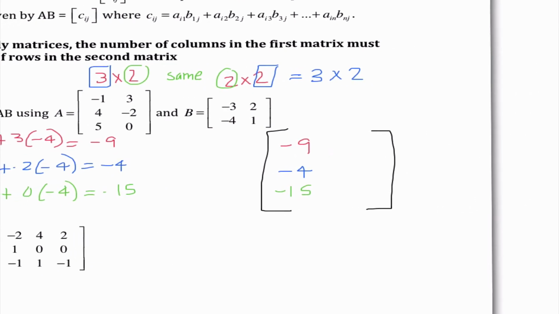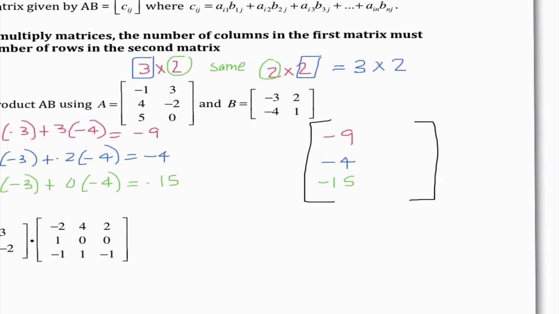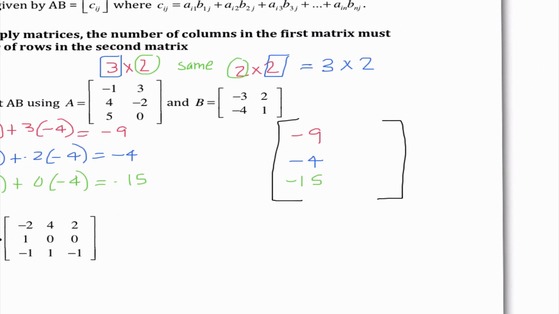Okay, now off to the side here, I'm going to go ahead and do A sub 1, 2. So this time I'm going to do row 1, column 2 to find this value. So I have negative 1 times 2 plus 3 times 1, which is negative 2 plus 3, so that is 1.